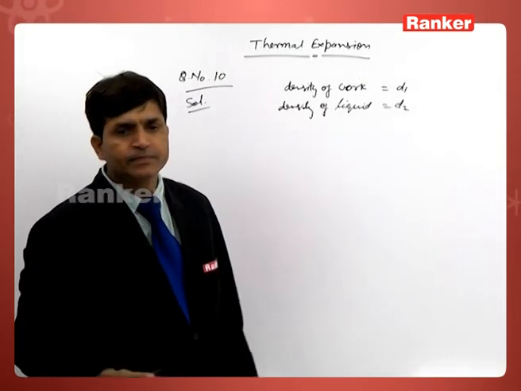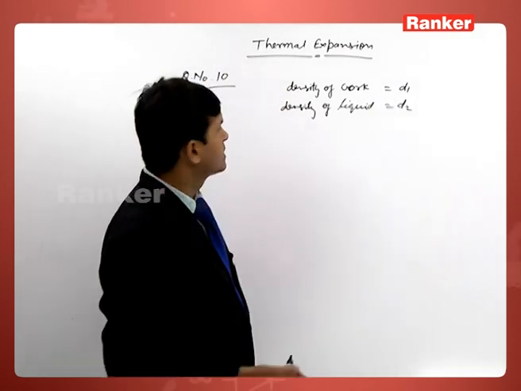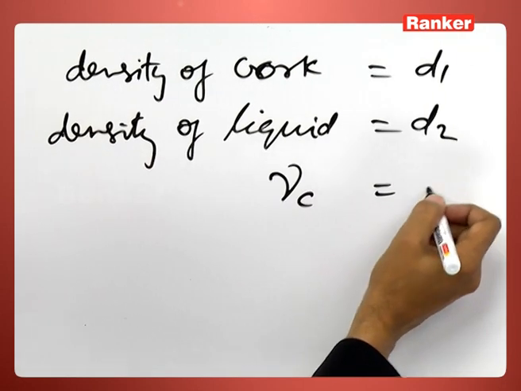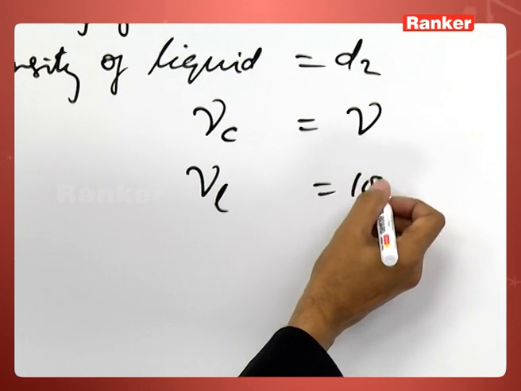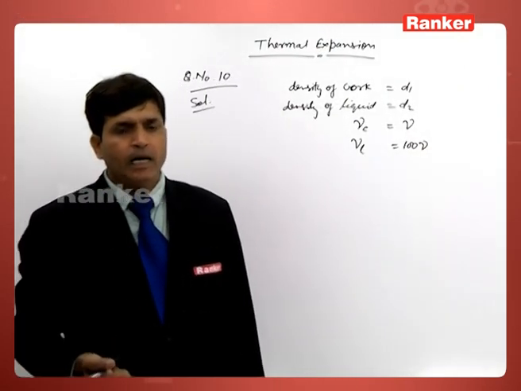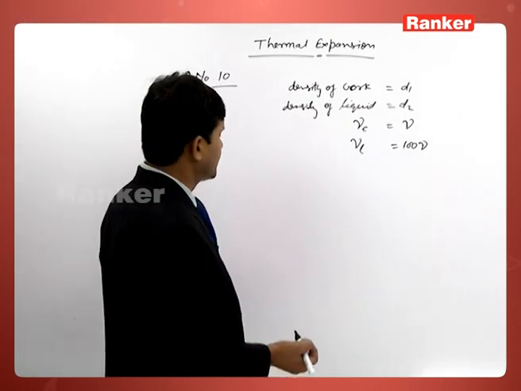And it is given the coefficient of expansion for the material of the cork, let it be gamma, and gamma for the liquid is given as 100 gamma. And the cork sinks when the temperature of the liquid is T degrees Celsius.